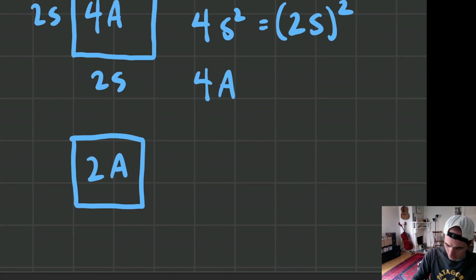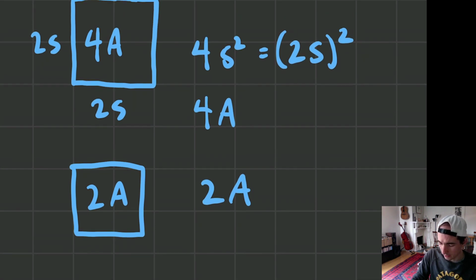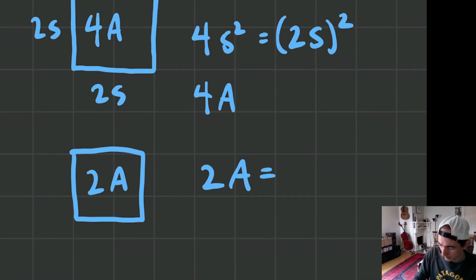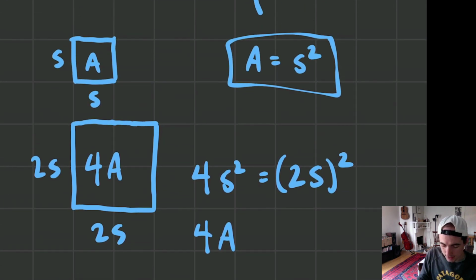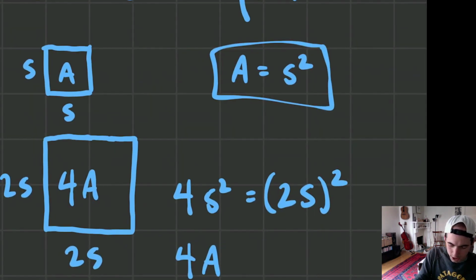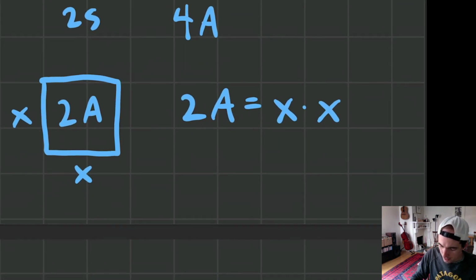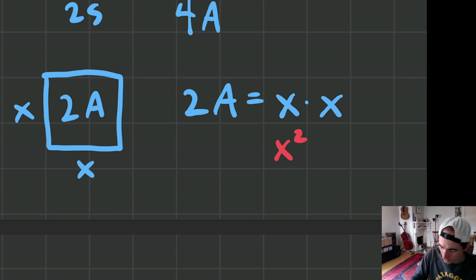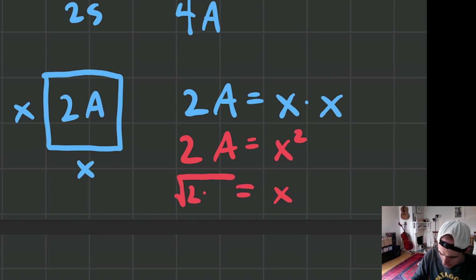Well, 2A is twice the area, so that's going to be blank times blank. We're trying to figure out what the side length is, and what relationship that has to these S sides. So this is going to be x squared. So x squared is 2A, or in other words, x is equal to the square root of 2 times A.